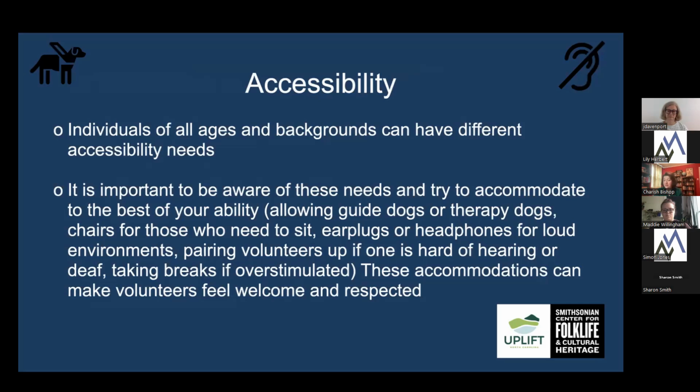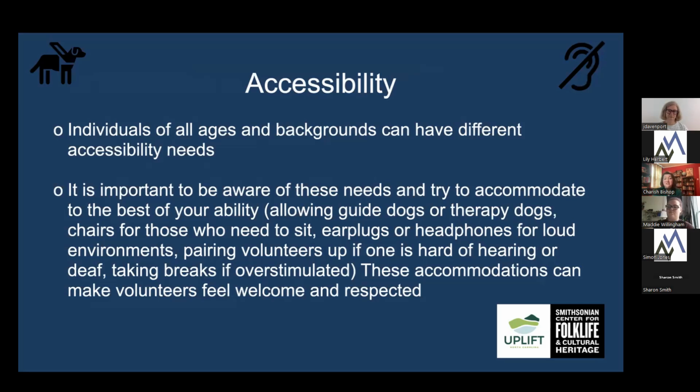We make sure that our accessibility team goes in and sets up specific chairs that are saved for people maybe who have wheelchair access or to be closer to sit where there is an ASL interpreter that can see. We made sure that there's either earplugs or headphones for louder environments, pairing people up.